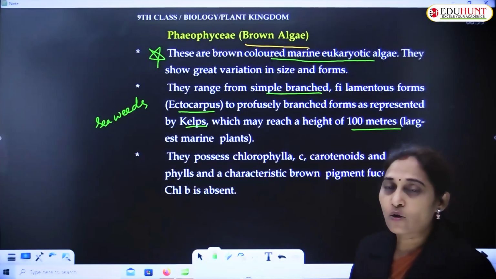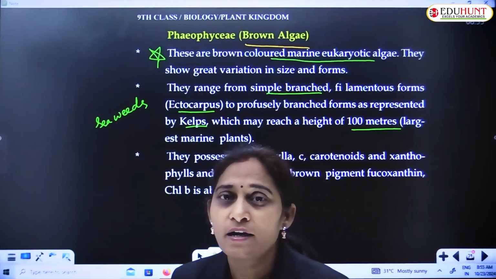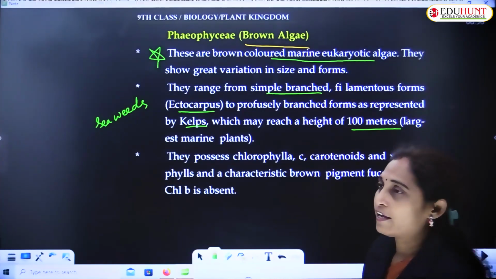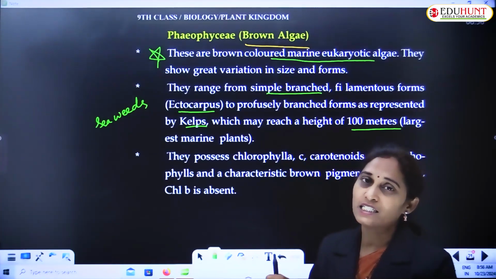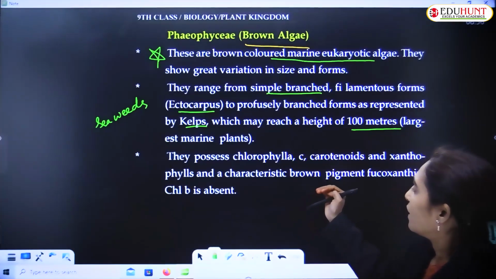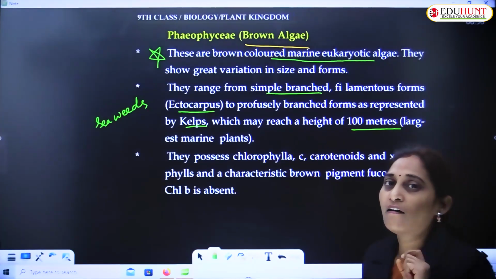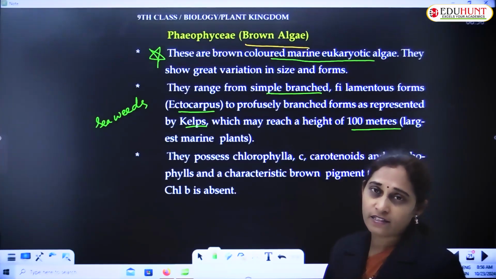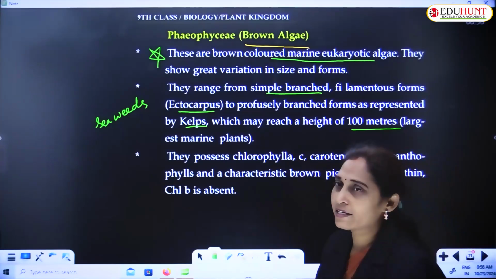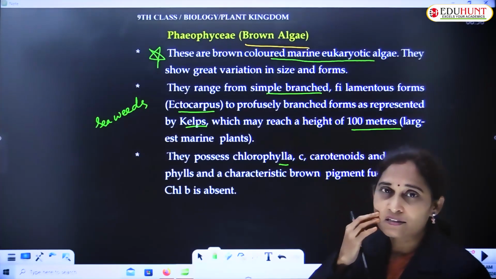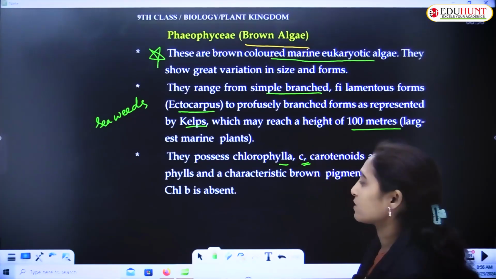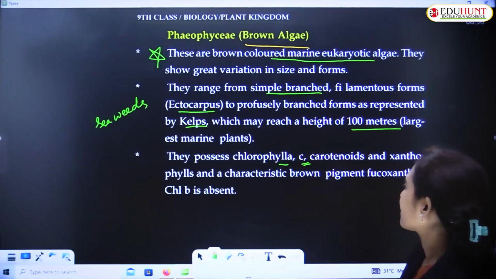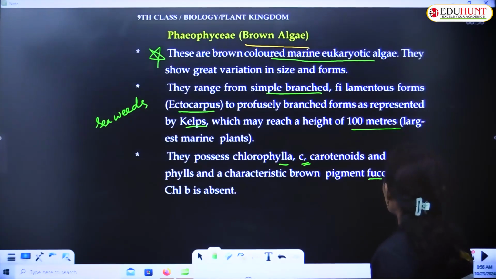A. I said chlorophyll A is common in every photosynthetic organism except bacteria, but in addition there are different chlorophylls like B, C, D, E. So in addition to chlorophyll A, chlorophyll C is present, and in addition to that, carotenoids and xanthophylls and a characteristic brown pigment called fucoxanthin.